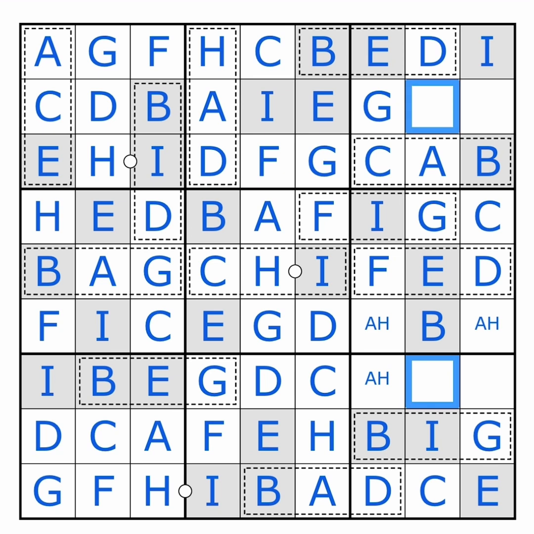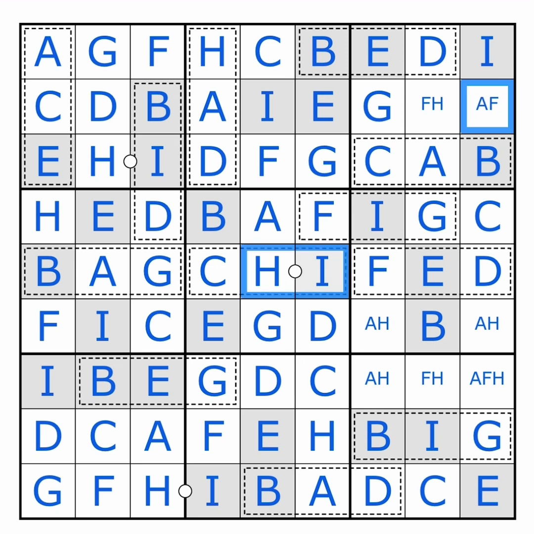These two are A, B, C, D, E, F, and H. And these two are A, F, H. The I cannot be adjacent to an H. That's the white dot rule, that HI there.